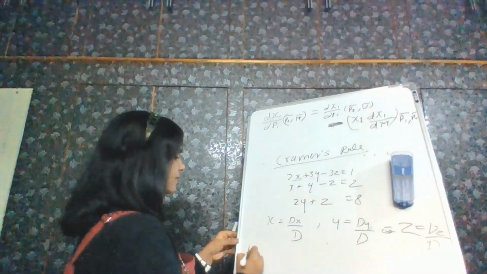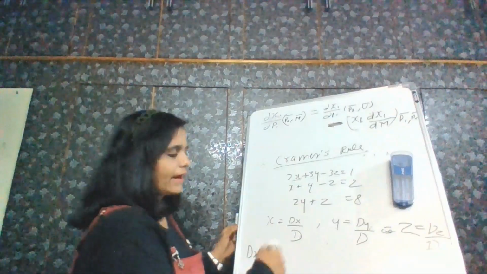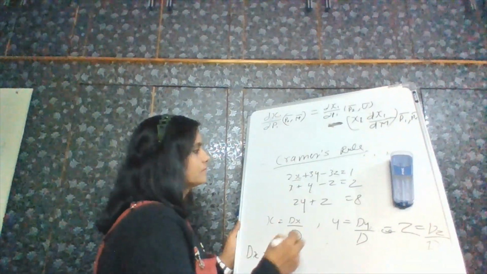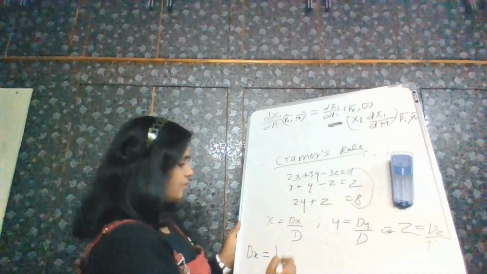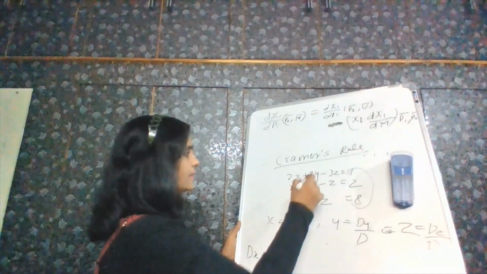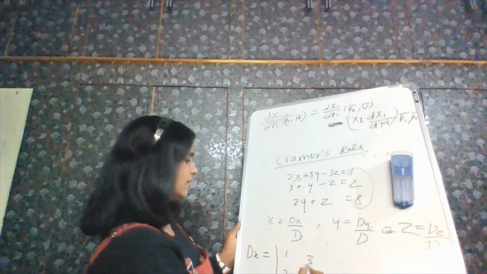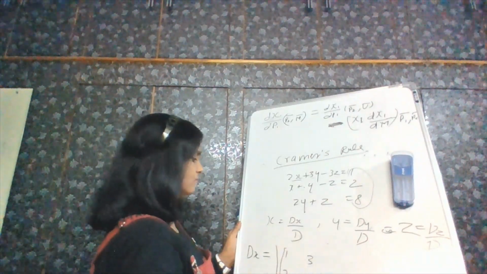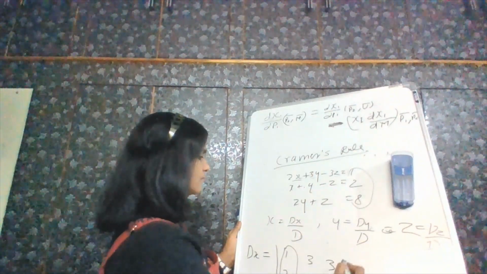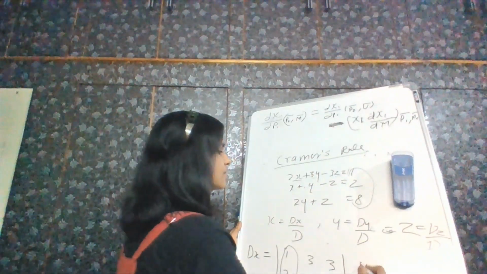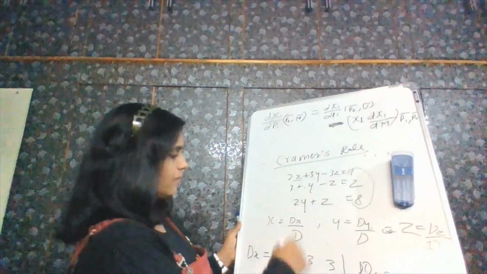For dx, you write the determinant and take the constants 1, 2, 8 in place of the x coefficients, then for y the y coefficients 3, 1, 2, and then for z the z coefficients 3, minus 1, 1. That is your dx. Similarly, when you do dy, you have to replace the column with 8 in the second position.